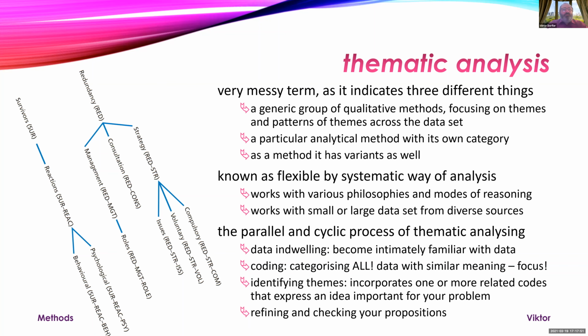It is a quite flexible method, but it is not unsystematic. It is flexible so that you can adapt it to various approaches that you are working with. So it is also very important that it works with different philosophical approaches.